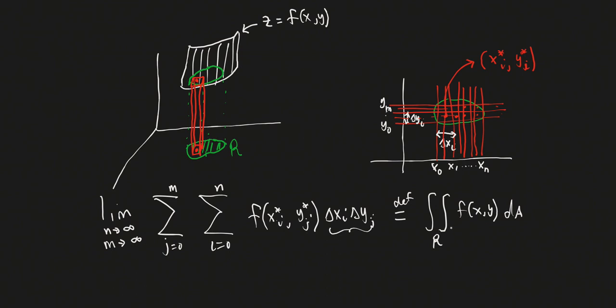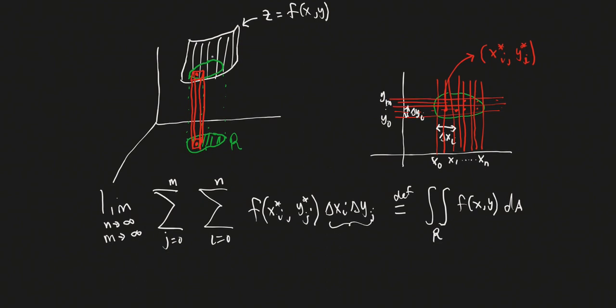Now, the illustration that's drawn here, just like when we were developing the Riemann sum with one function, we drew the curve so that it was above the x-axis. Here we drew the surface above the xy plane. But technically surfaces can be both above and below.